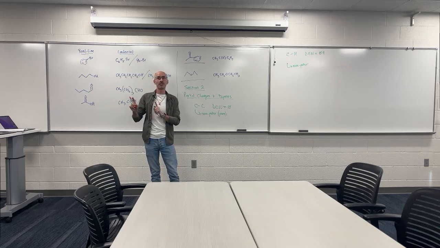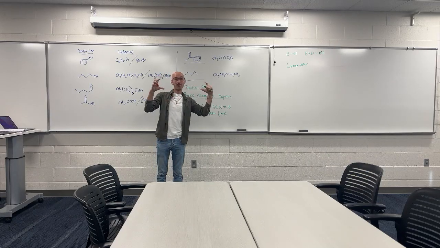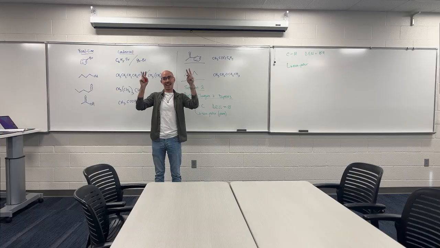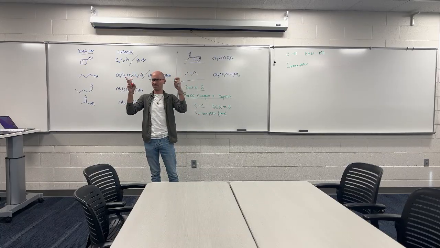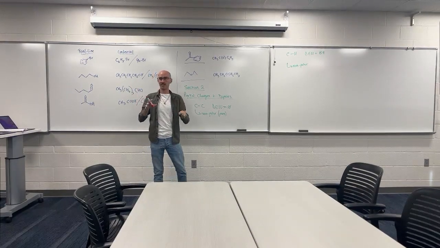And I want you to understand where the partial charges go. Are you okay with that? Are you okay with showing a dipole on something that has no dipole? You guys are just giving me blanks here. Can you find comfort in that uncomfortability?